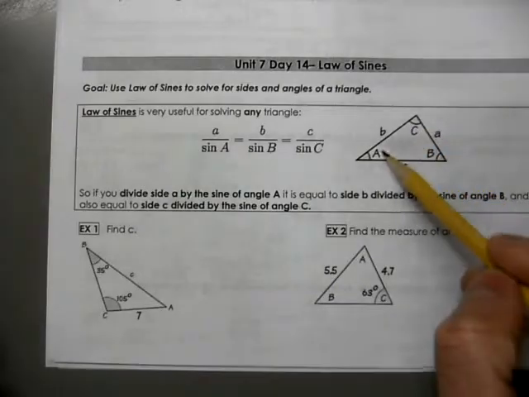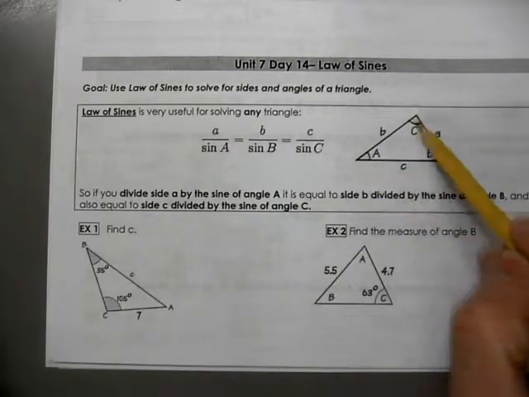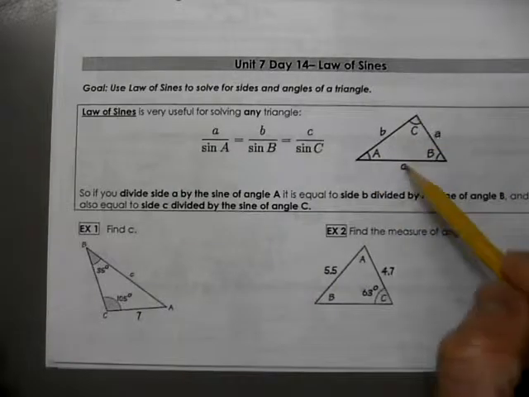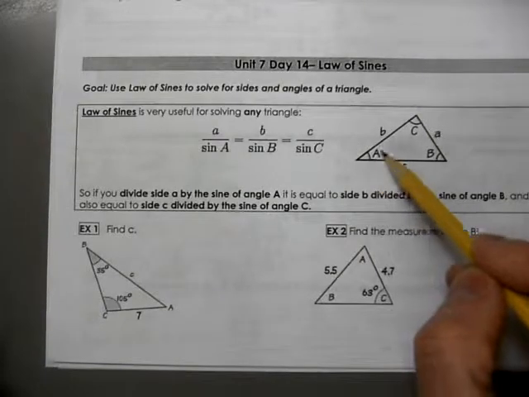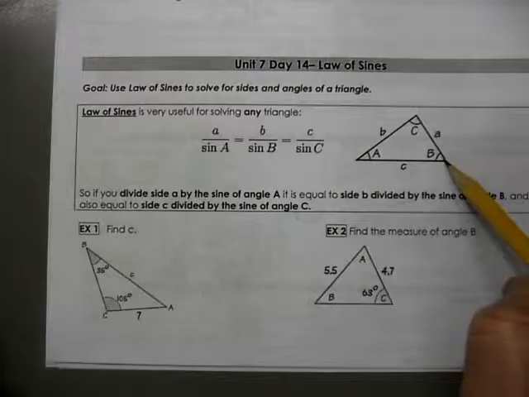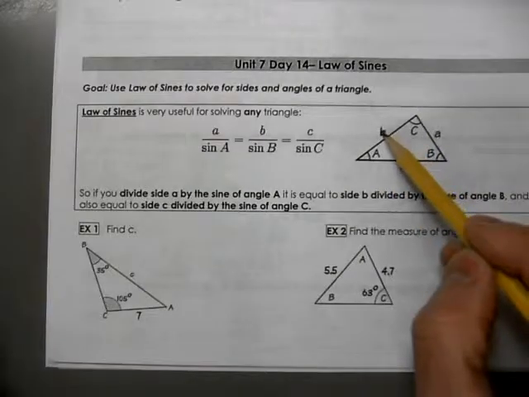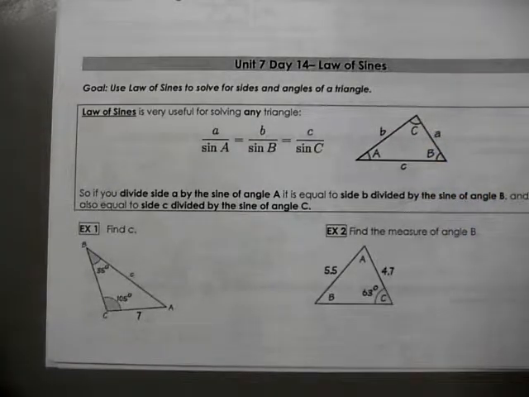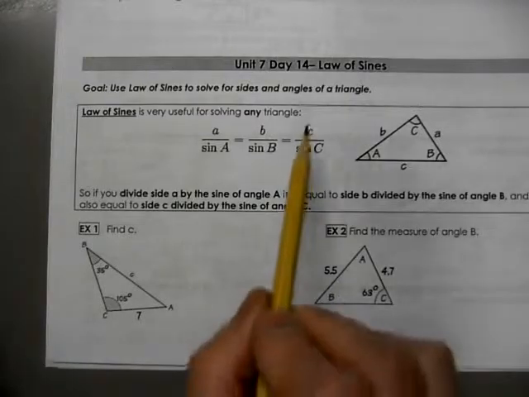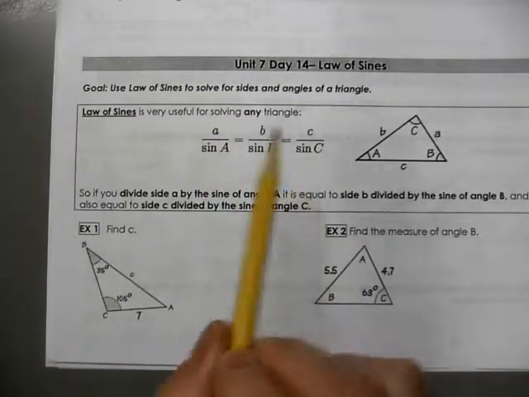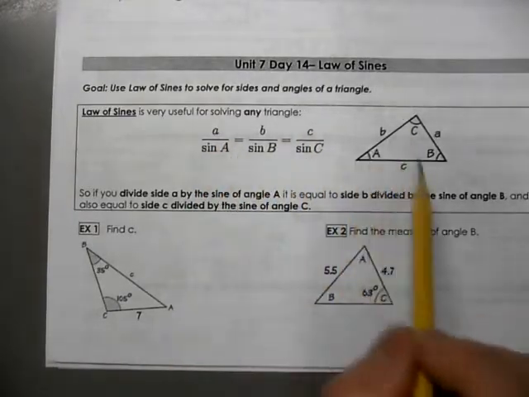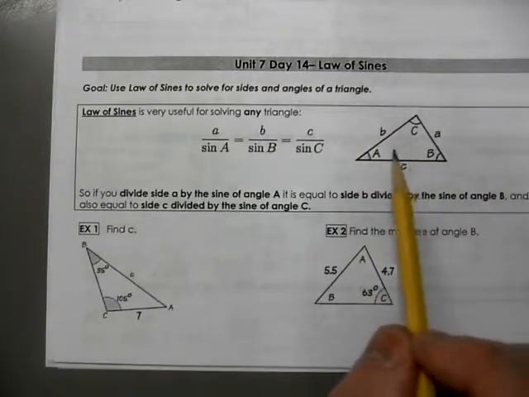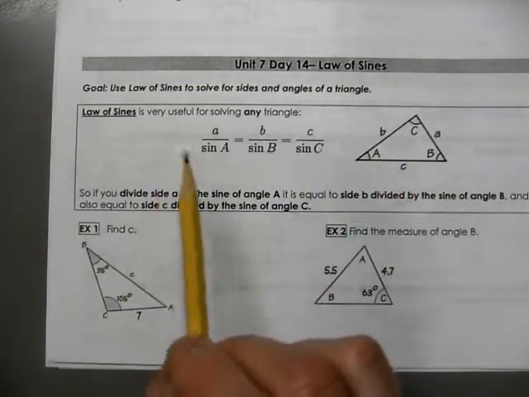Notice that in a triangle you have your angles A, B, and C. Side a has to be across from angle A, side b has to be across from angle B, and side c has to be across from angle C. So when you start to fill out your proportion, you'll know what sides represent what letters.